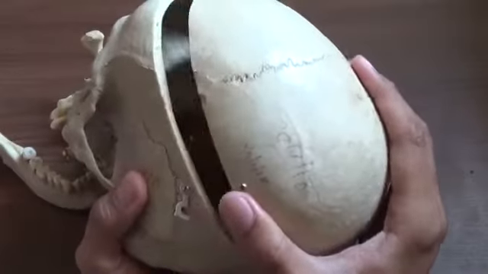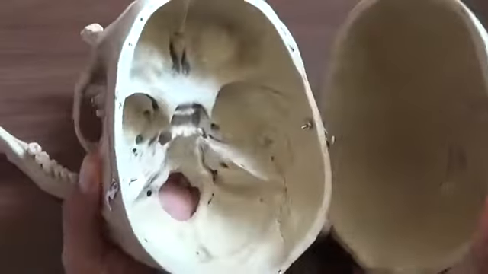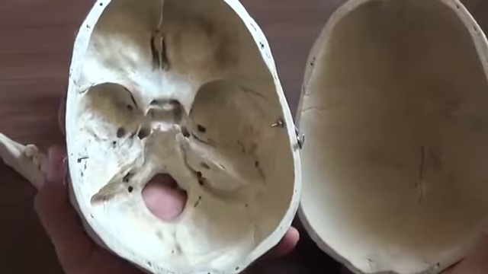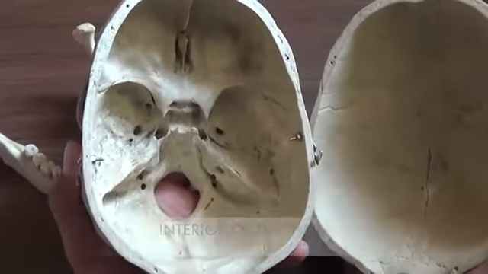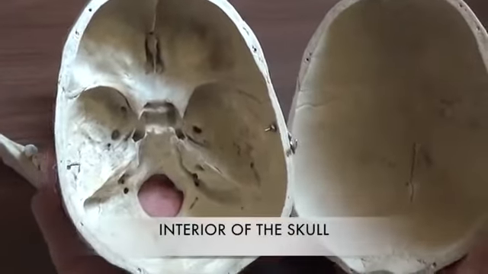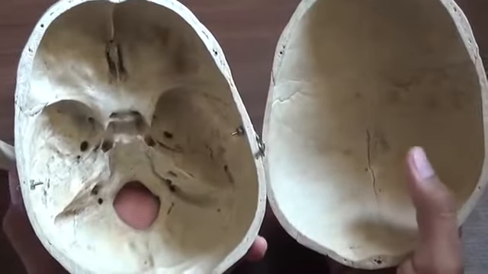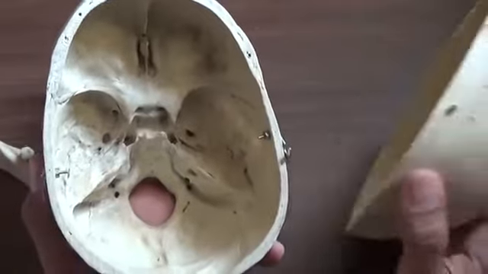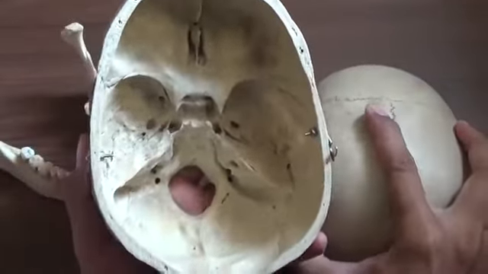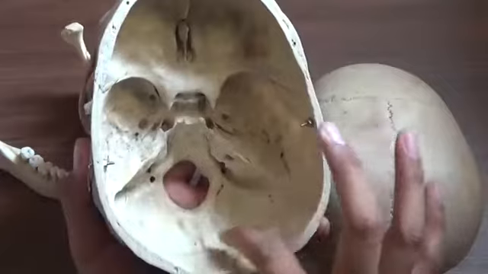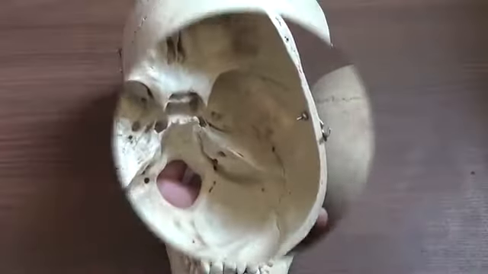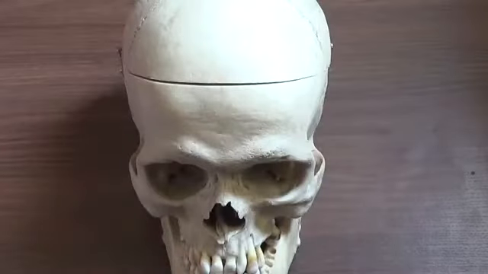Now if we cut and open it up, we can study the skull from inside. That is included in the interior of the skull. So in the interior again, we can study the interior of the calvarium or skull cap and the interior of the base of the skull, right? So this is how we study the skull.